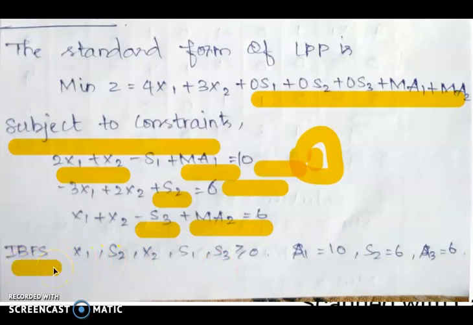Then we need to find the initial basic feasible solution. For the initial basic feasible solution, we assign the decision variables x1 equal to 0, x2 equal to 0, and the surplus variables s1 equal to 0, s3 equal to 0.